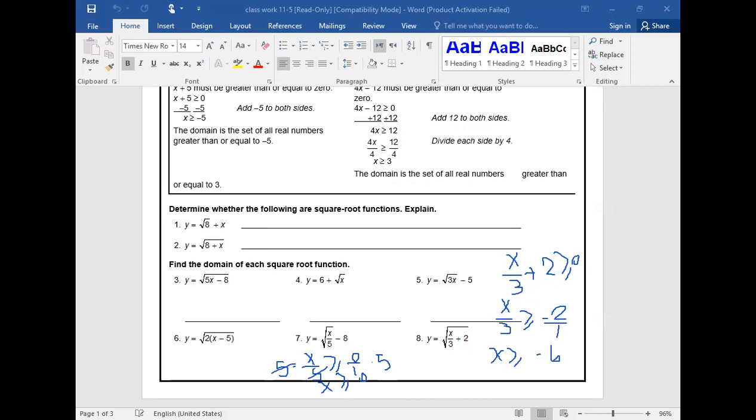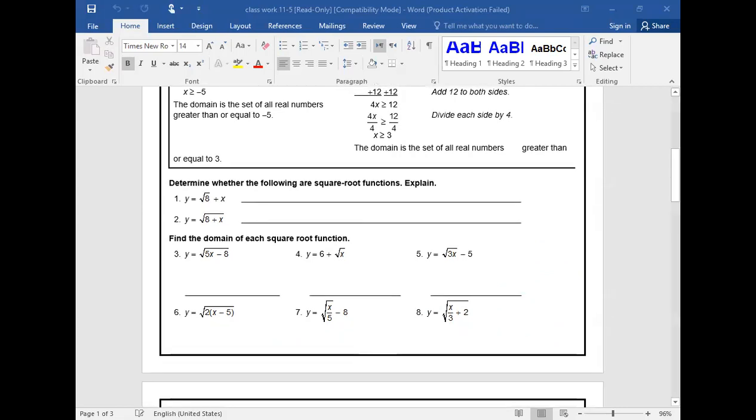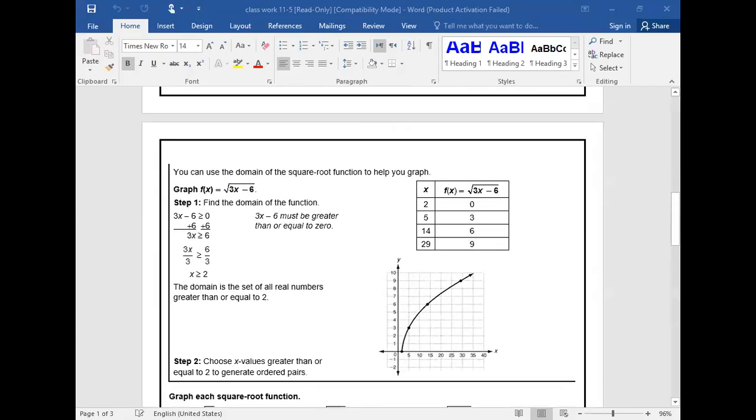So this is how we can find, first, how you will determine if the function is a square root function or not. The second part was how we can find the domain. The third part, which we want to talk about today, is how we can represent the function graphically.